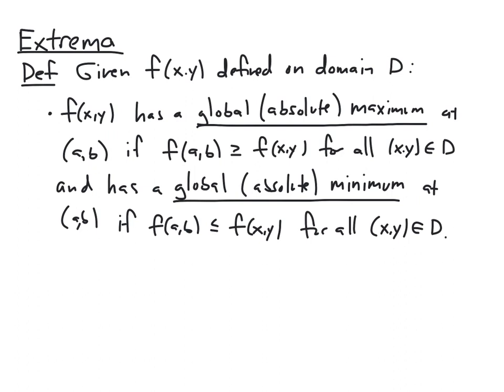So similar idea. Now we're looking for the smallest value in the domain, the smallest function value. Now these two kinds of values taken together are often referred to as global or absolute extrema. So if we're asked to find global extrema of a function, what we're looking for is both the global maximum and the global minimum.